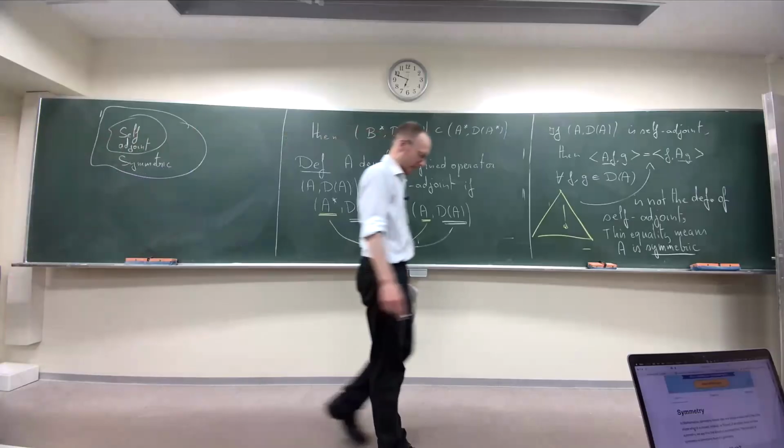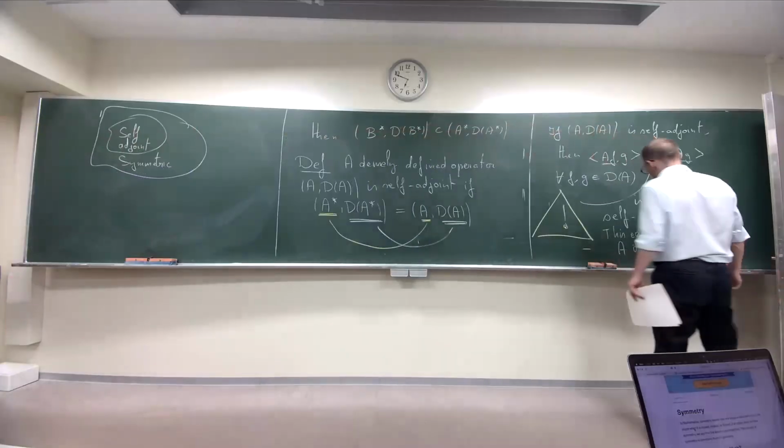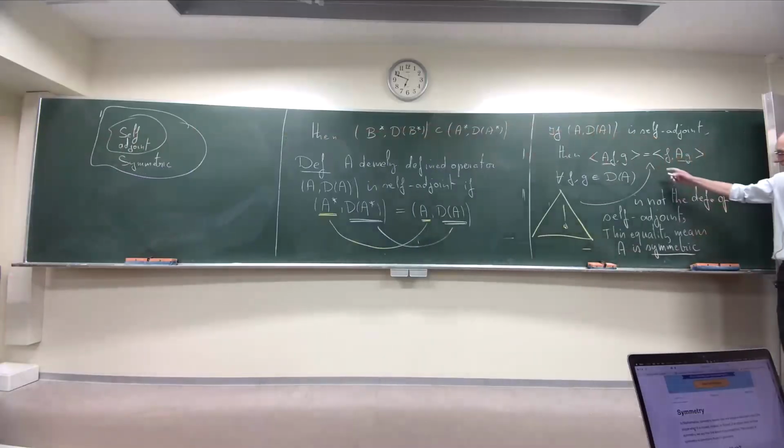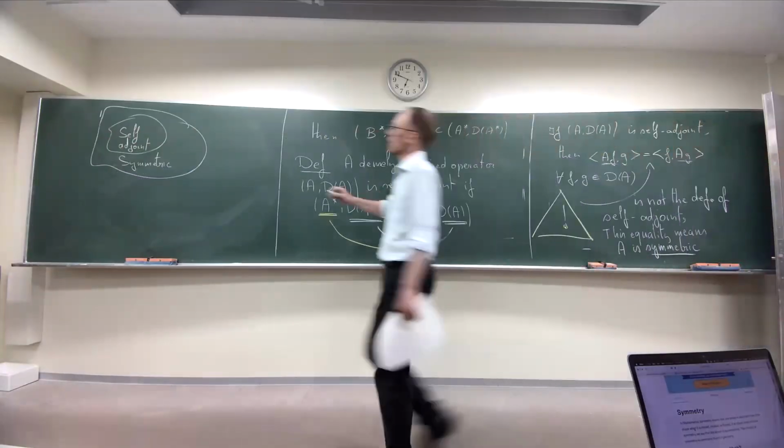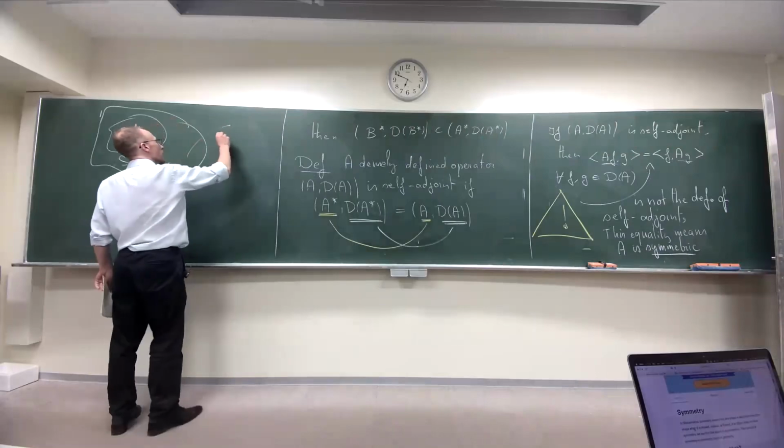But B cannot be the adjoint of A in that case, no? If an operator is symmetric, you are not sure that it is self-adjoint. You may have extensions, some of which are self-adjoint and some are not. So yes, if you have a symmetric operator, this is a good thing.